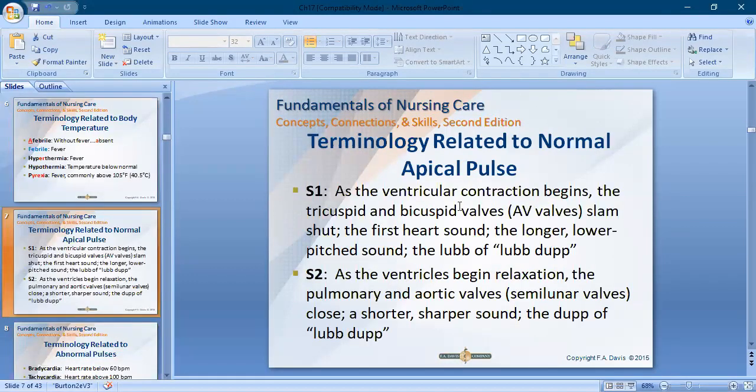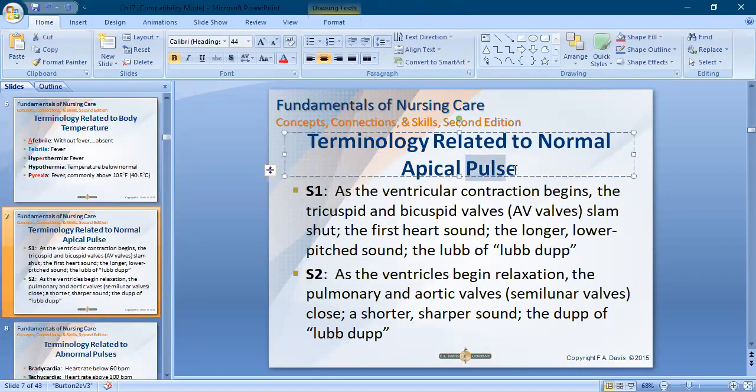Now talking about the pulse, right? They talk about the apical pulse. Easy to remember, it is the pulse we get over the heart. Where the heart is located, it is the fifth intercostal space, left side, or just below the nipple.